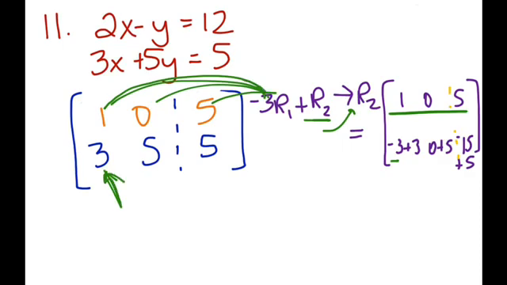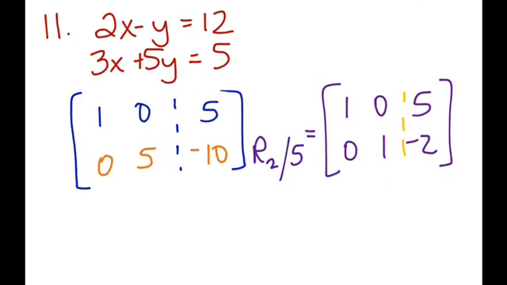And then negative 3 times 0, which is 0, plus my 5. And negative 3 times 5, which is negative 15, plus my 5. When I do that, I will get the 1, 0, and 5. Like I said, it's not changing. And then I'll get 0, 5, and negative 10.